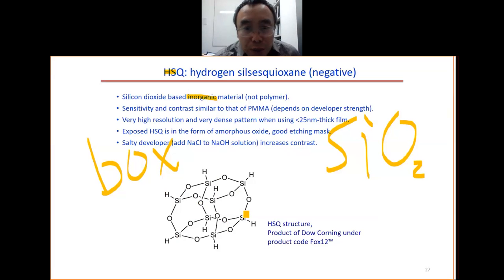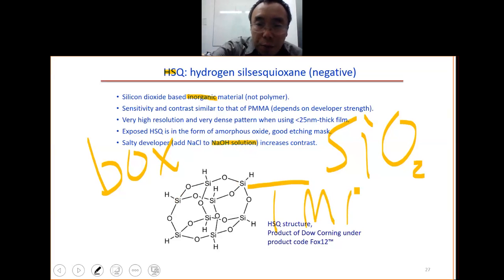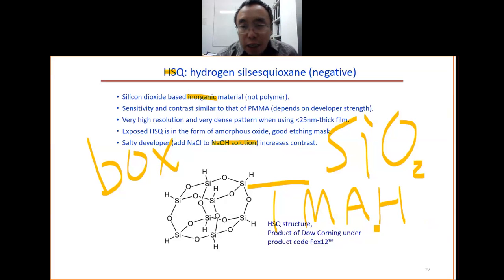So when you do the EUV exposure, this box will get collapsed. When the box gets collapsed, it becomes silicon dioxide. For the developer, people normally use a base developer like sodium hydroxide, or you can use another base, that is the TMAH. So TMAH is also a developer for the photoresist.